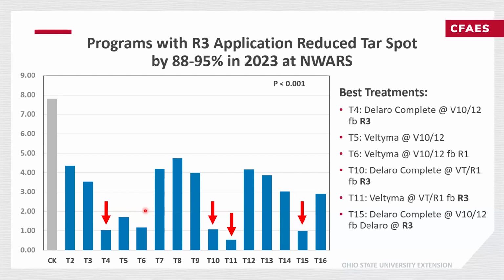And so in 2023, tar spot came in about mid to later in the season. And so what we found in this year was those treatments that had an R3 application, R3 to R2, are the ones that did the best.